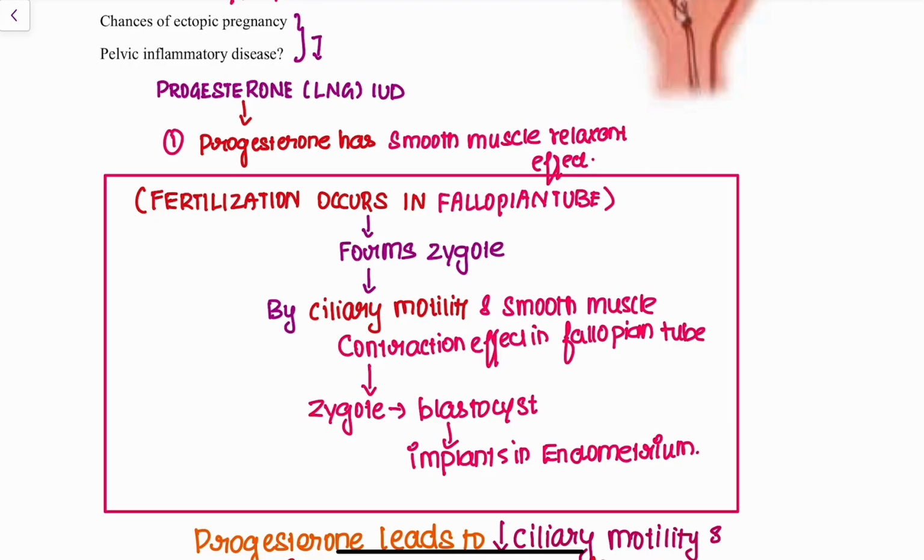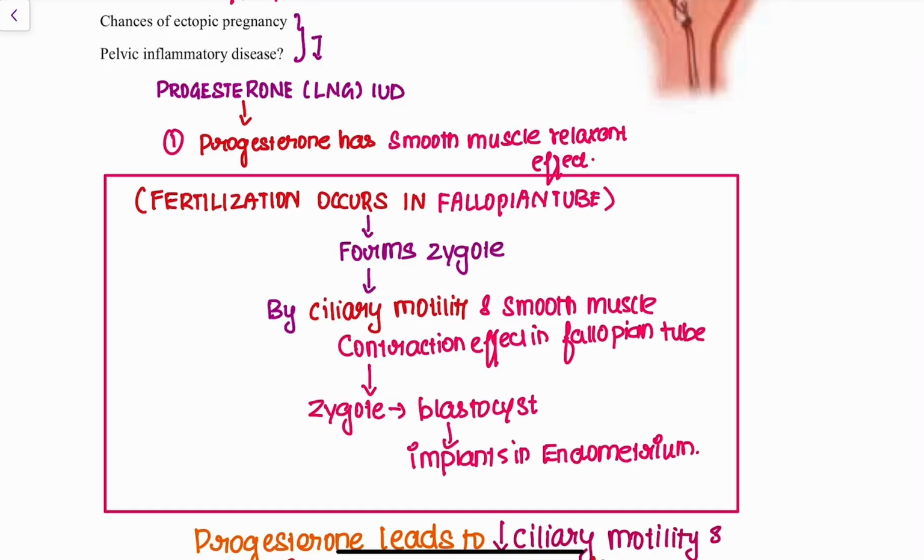So it causes smooth muscle relaxation in the fallopian tube, and due to the absence of migration of the zygote, the blastocyst is going to implant itself in the fallopian tube and grow there, which is known as ectopic pregnancy.